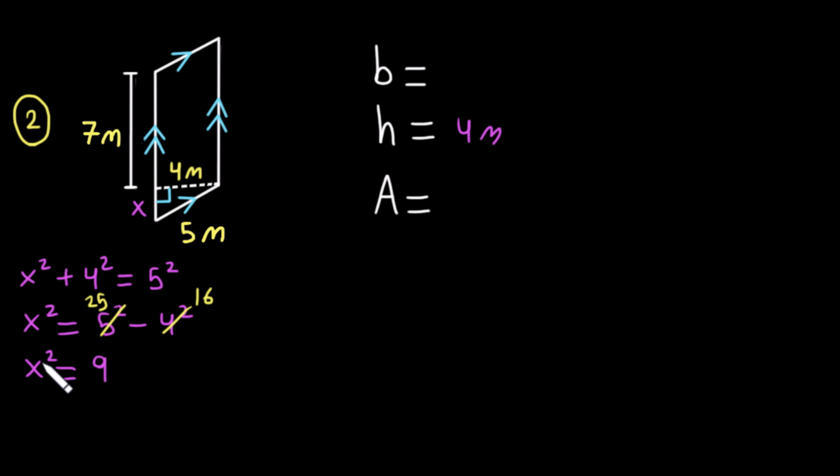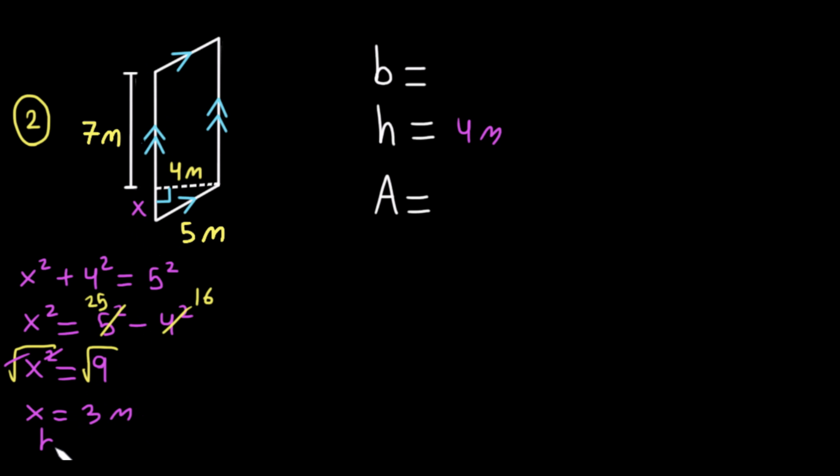Now we can take the square root of both sides. This square will cancel with the square root, so x equals the square root of 9, which is 3. And of course it should be meters. So we found x as 3 meters. Can we find the base?